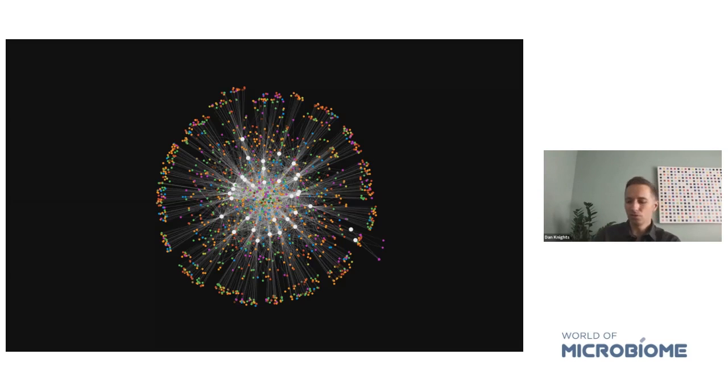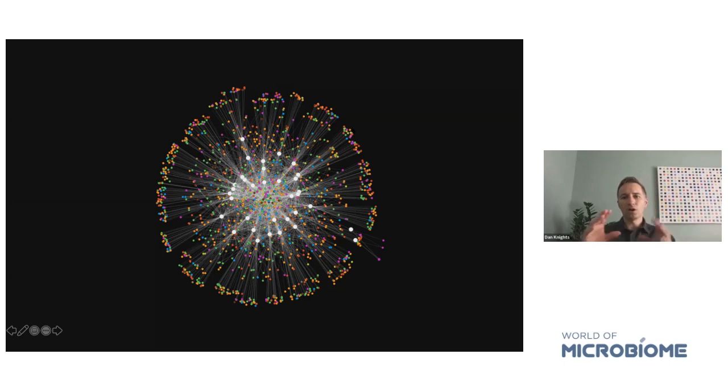We took a minute to zoom out and examine and visualize just the diet data. So there's no microbiome data here. And this is a network visualization that Abby made, where each of the white points is a person, and then the small colored points are the foods that they're eating.